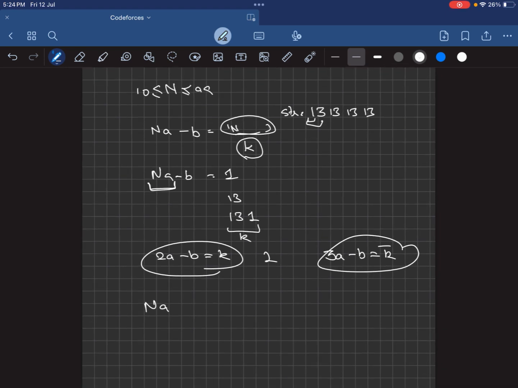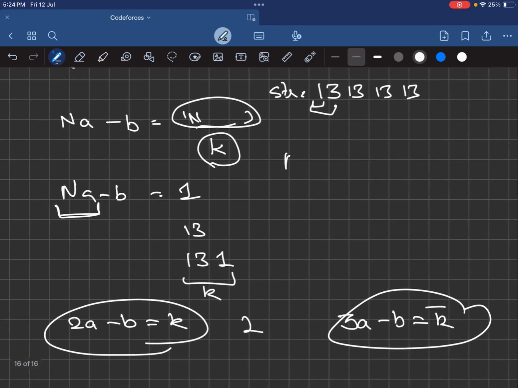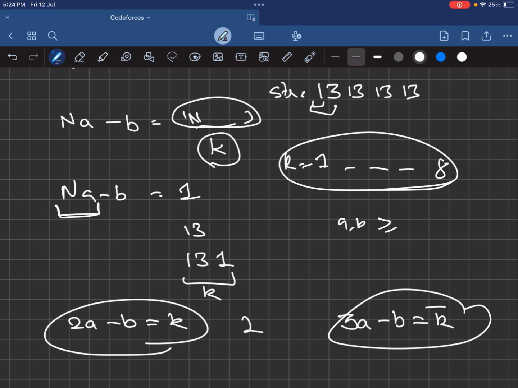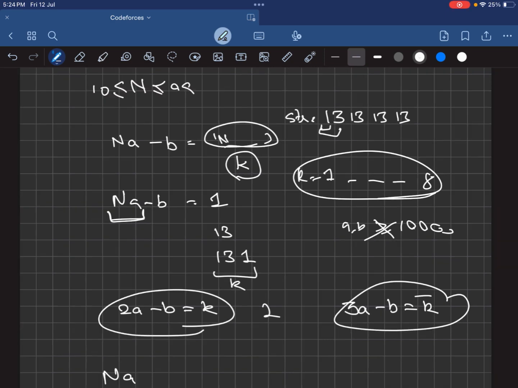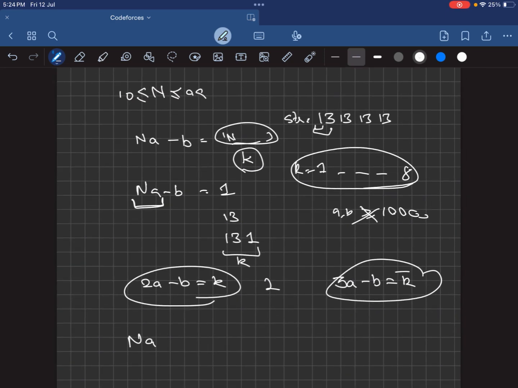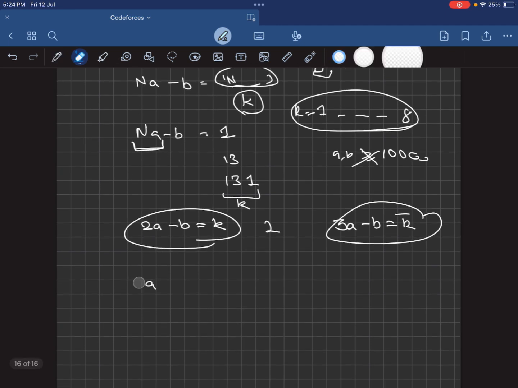Once you solve this equation for lengths k equals 1 to maybe 8, because we know that a and b cannot be greater than 10,000, you just need to solve it for smaller lengths, even till 6 is fine, and then you will get the answers.